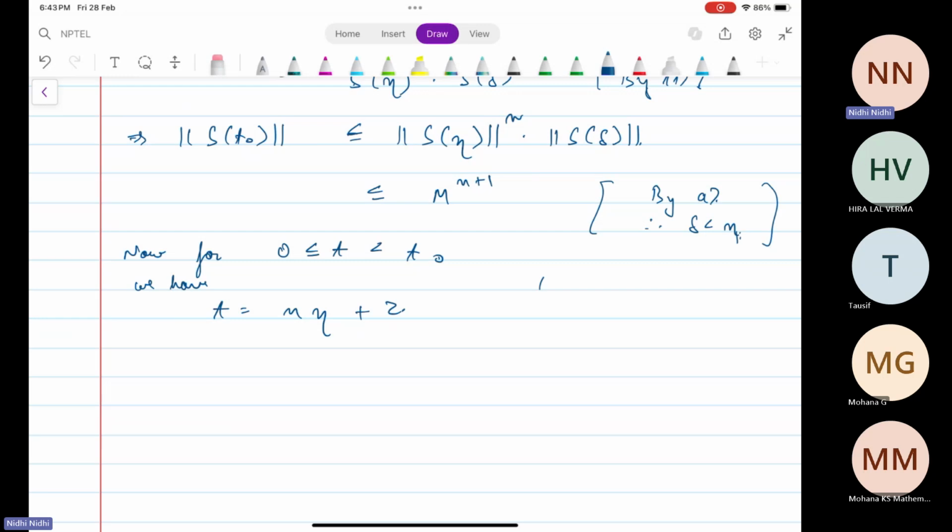Since T naught was equal to n eta plus delta, a number lesser than this can be written in the form n eta plus tau, where tau is strictly less than delta, because t is strictly less than T naught.